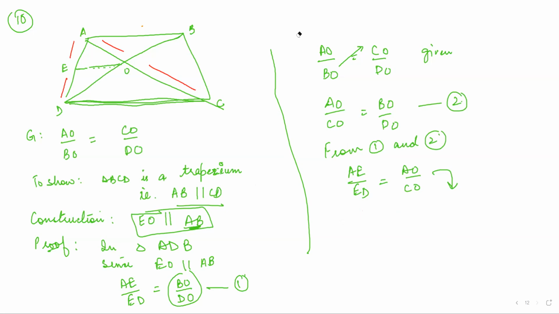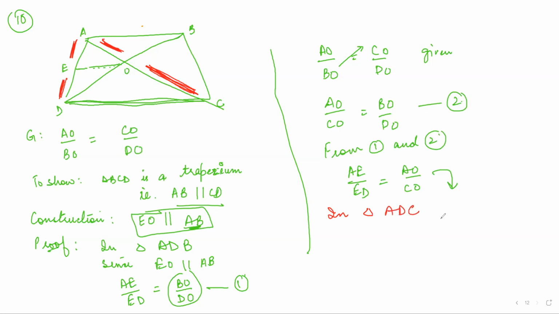Okay, Sarah, look here again very carefully. You have AE upon ED, right? Equal to AO upon OC. That means, in which triangle are the sides proportional?